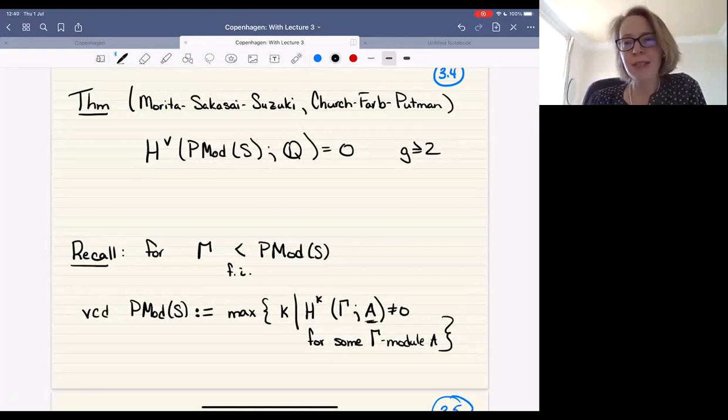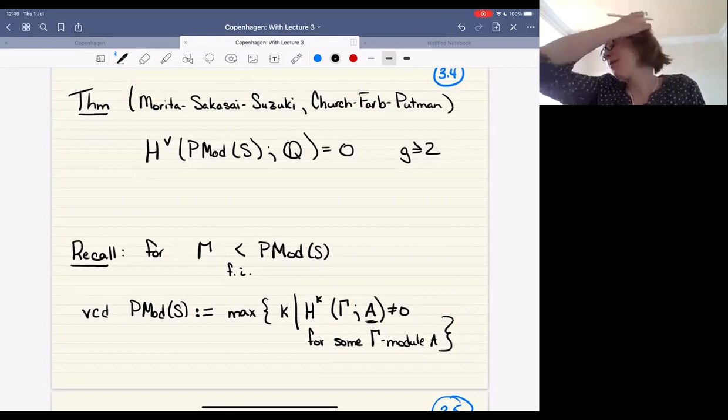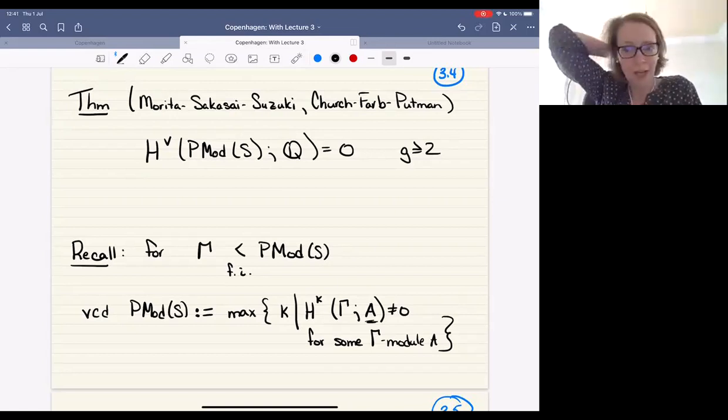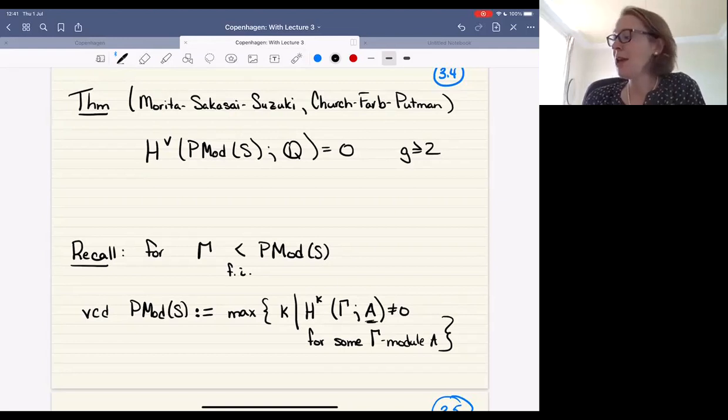So just because we didn't see something with rational coefficients doesn't mean there's a contradiction in mathematics, okay? Now here, for the purpose of VCD, the finite index subgroup plays an intrinsic role, because that's where we can actually measure cohomological dimension.